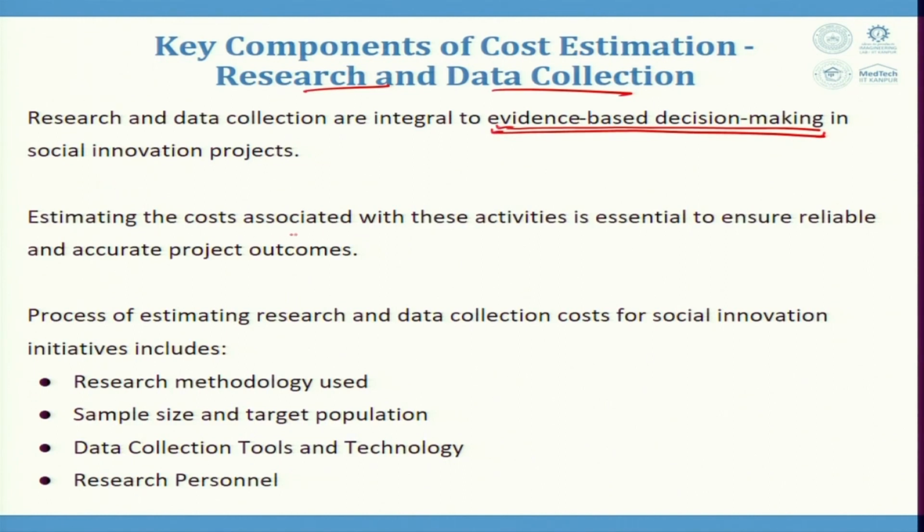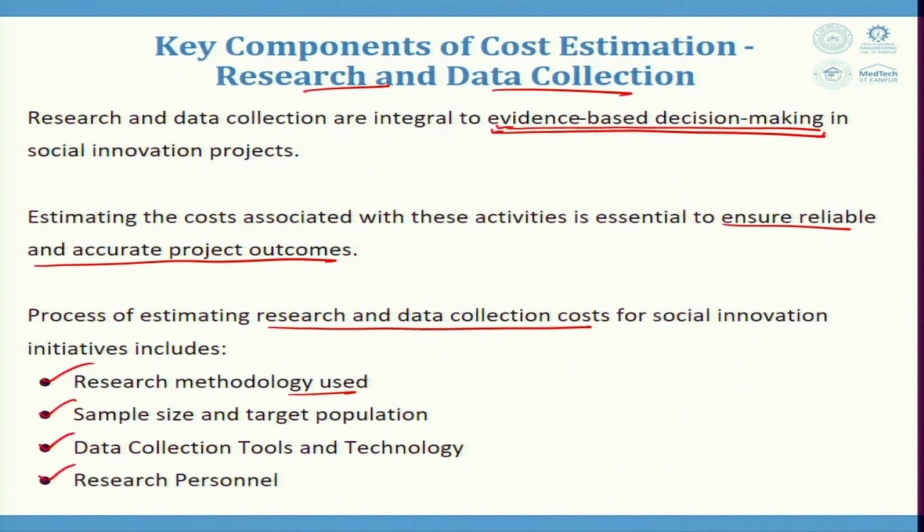Estimating the costs associated with these activities is essential to ensure reliable and accurate project outcomes. The process of estimating research and data collection costs for social innovation includes the research methodology being used, sample size and target population, data collection tools and technology, and research personnel.